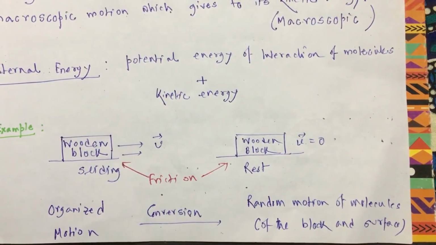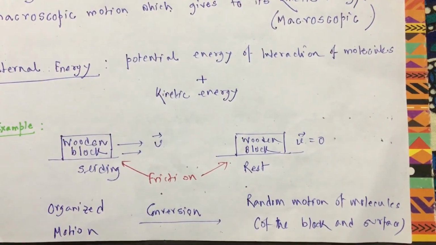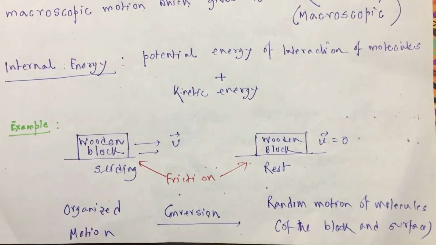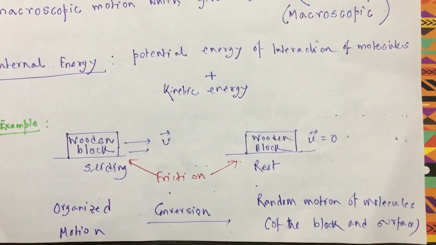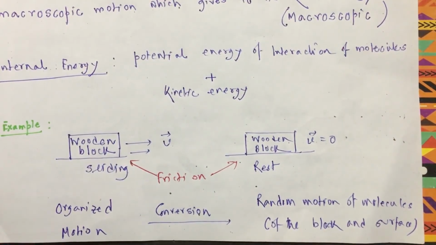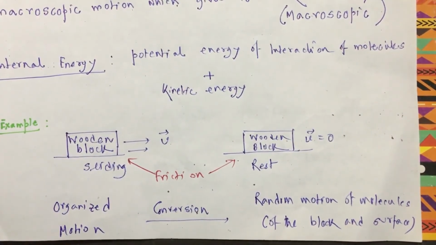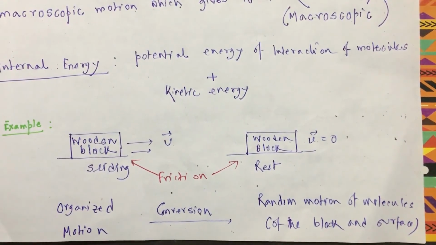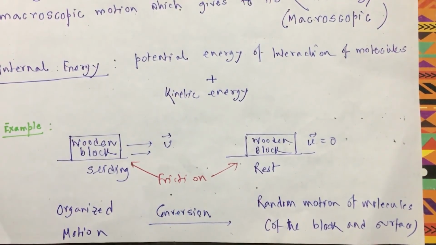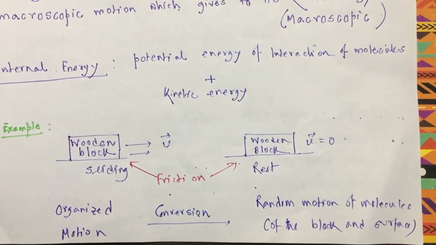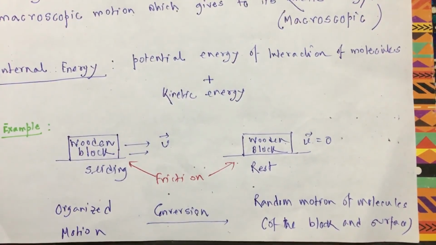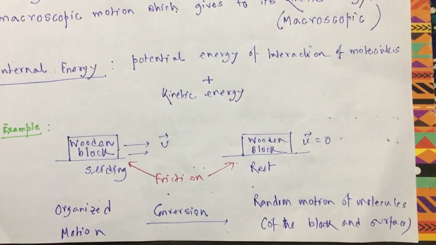Now, if the second law of thermodynamics were not true, we could power, for example, an automobile, our car, or we could run an entire power station by just cooling the surrounding air. Neither of these impossibilities violates the first law of thermodynamics, but the second law tells us that there is a limitation on the availability of energy and the ways in which we can use it and convert it.